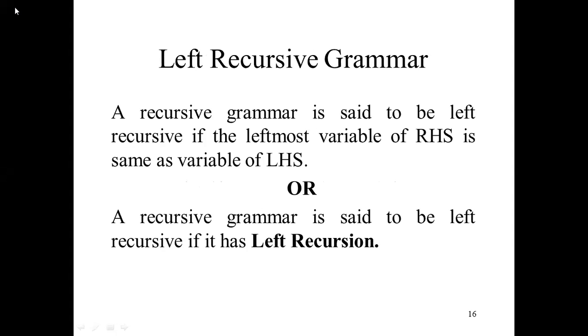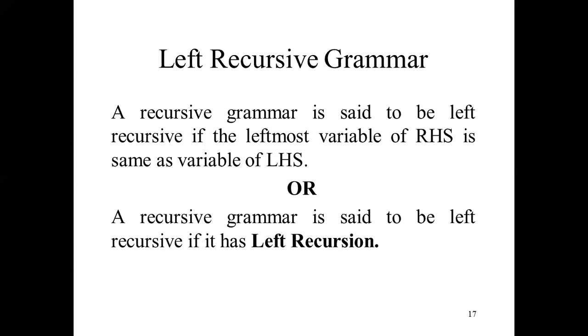So left recursive grammar, what is this? A recursive grammar is said to be left recursive if the leftmost variable of right hand side is same as the variable of left hand side.